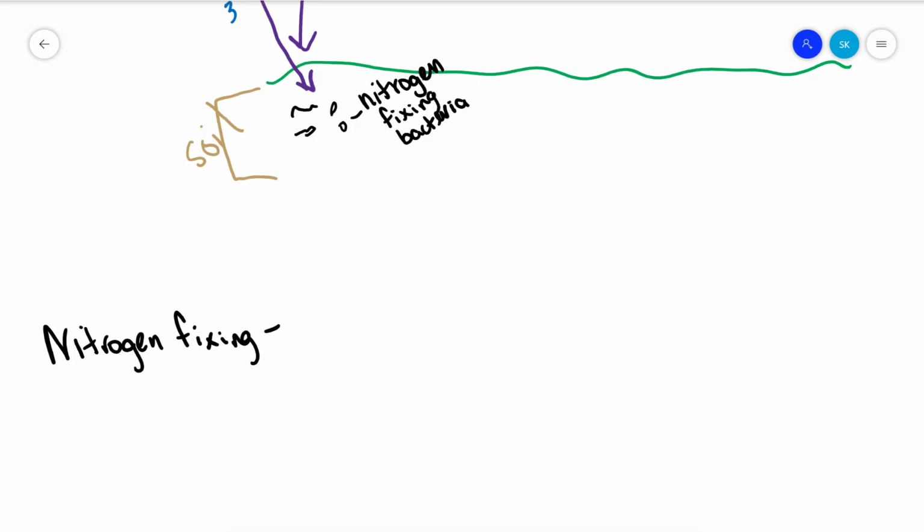This is where we convert nitrogen, I'm just going to put big N, how about that, convert nitrogen to ammonia, and ammonia is NH3.